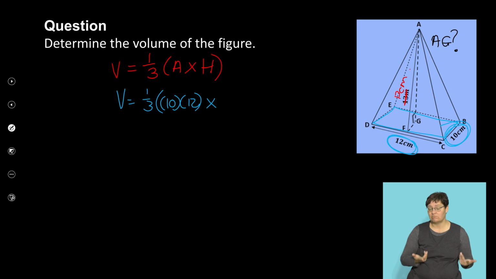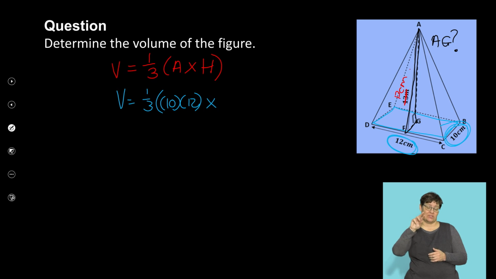Well, we are looking at an example of Pythagoras, because we've got a right-angled triangle within this specific pyramid, because we can see that the perpendicular height will be AG, FG will be my base, and I can see that my hypotenuse is in fact 13 centimeters.